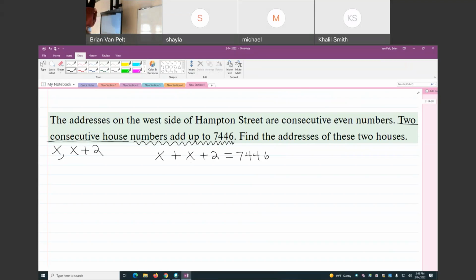Simplify. Right, so what'd you get on the left side? 2x plus 2 equals 7446. Now what? Subtract 2. So we end up with 7444 equals 2x.